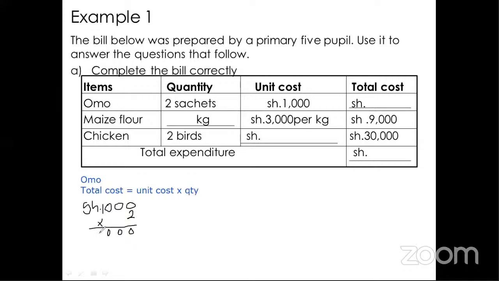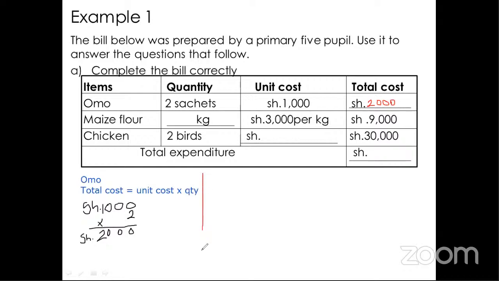Then 2 times 1, we get 2. So for our 2 circuits of Omo, you come and fill in here 2,000. Okay, so there you are done with the 2 circuits of Omo.